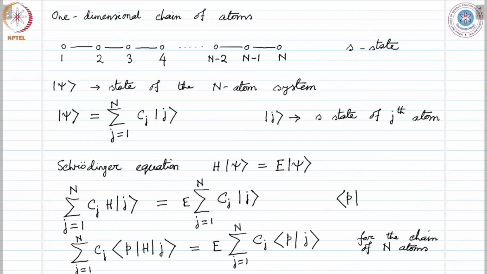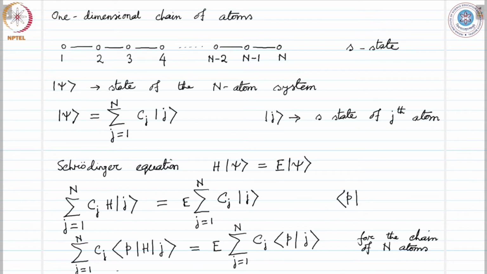Now, this requires a few approximations and denoting the terms in a certain way to be able to progress further. In order to solve this, we assign the Hamiltonian matrix elements, that means these kinds of terms, and the overlap terms, that is these inner products, in a certain way. How do we do that?